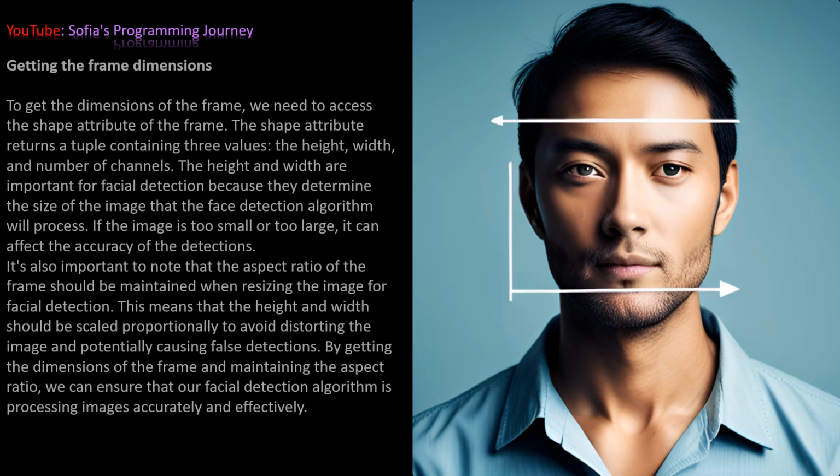It's also important to note that the aspect ratio of the frame should be maintained when resizing the image for facial detection. This means that the height and width should be scaled proportionally to avoid distorting the image and potentially causing false detections. By getting the dimensions of the frame and maintaining the aspect ratio, we can ensure that our facial detection algorithm is processing images accurately and effectively.